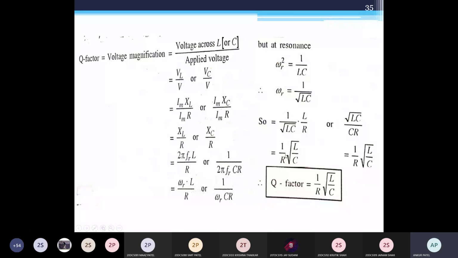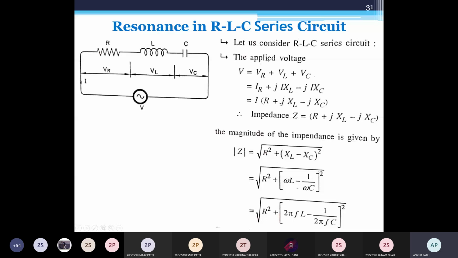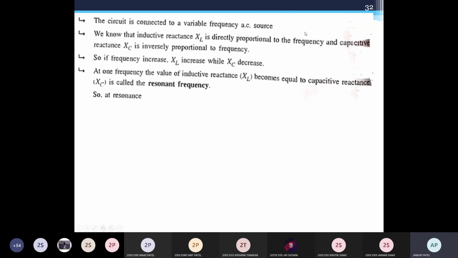Suppose you are asked in examinations to explain resonance in a series RLC circuit and its Q factor. You need to write all these things. Write the circuit diagram, find the impedance, then the magnitude, then write these sentences, which mainly explain the resonance condition.